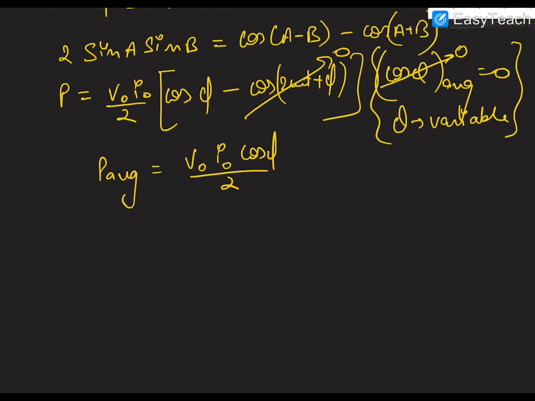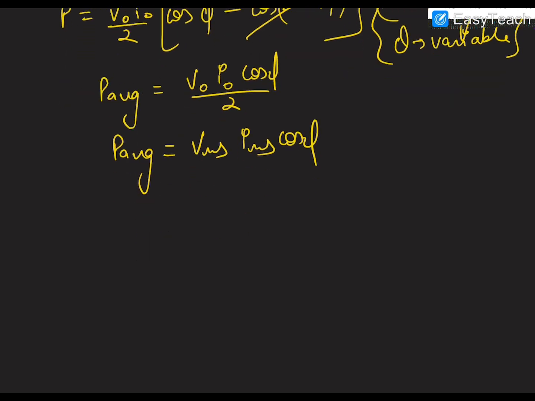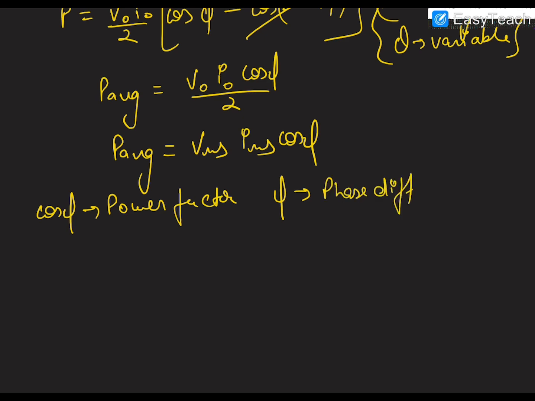Now we can write V naught by root 2 as Vrms. So it would be Vrms Irms cos phi, where cos phi is also called the power factor, and phi is called the phase difference between voltage and current.